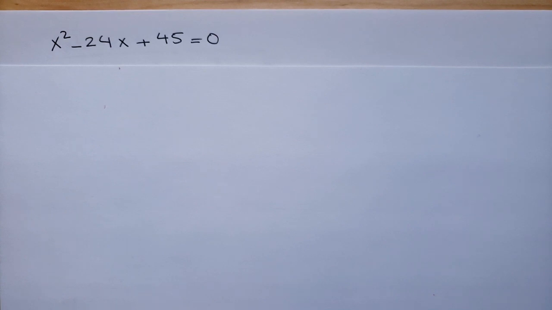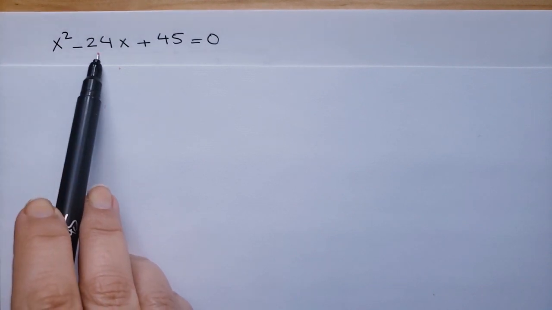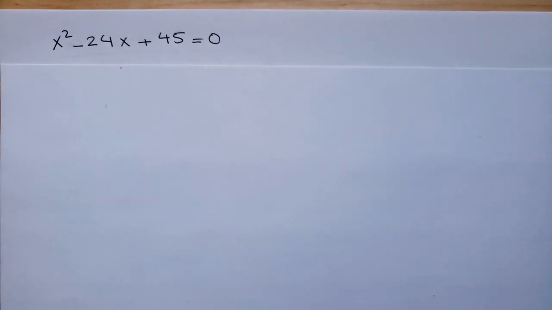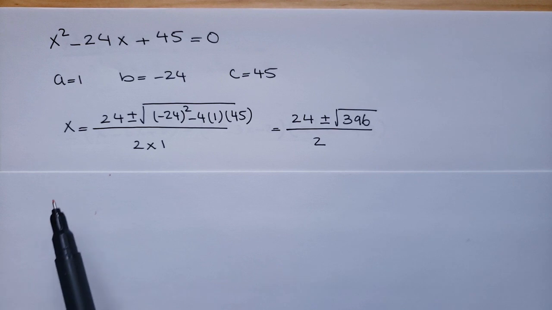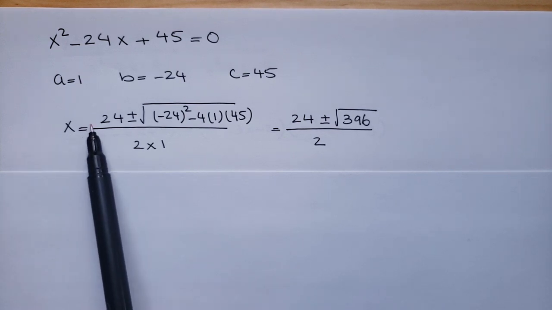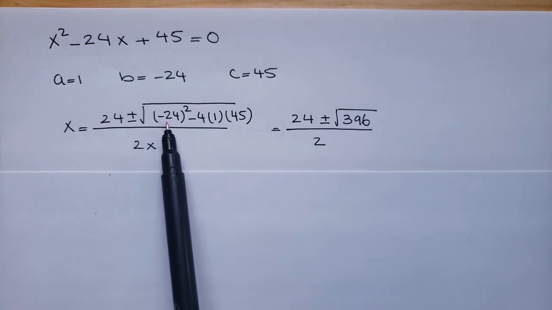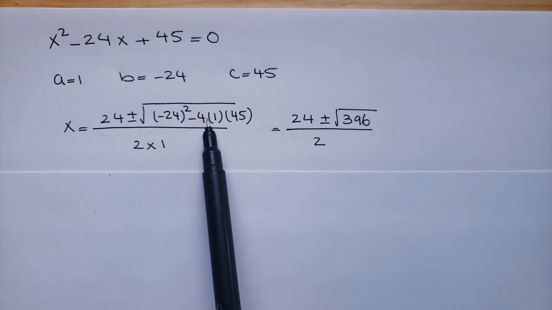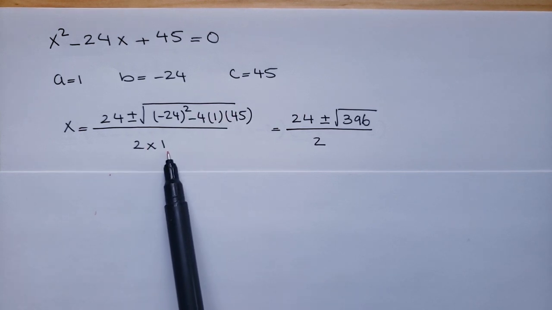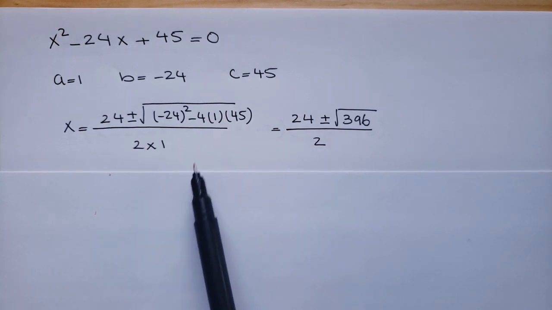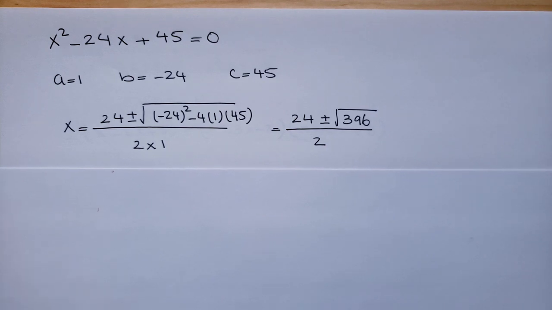I prefer to use the quadratic formula. A is 1, B is negative 24, C is 45. Next step would be substituting in the formula: negative b plus and minus the square root of b squared minus 4ac, over 2 times a. Here, I want to do another side note.